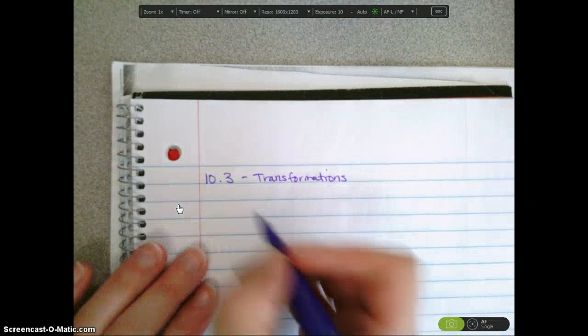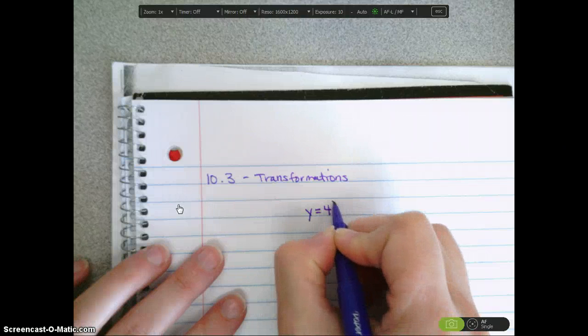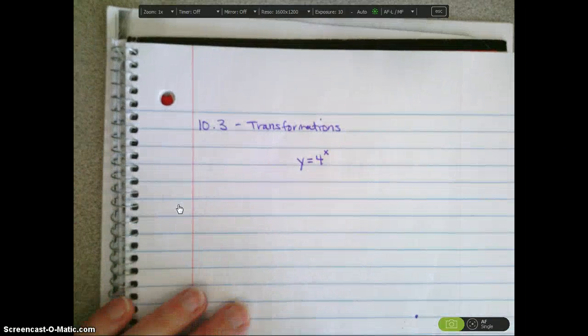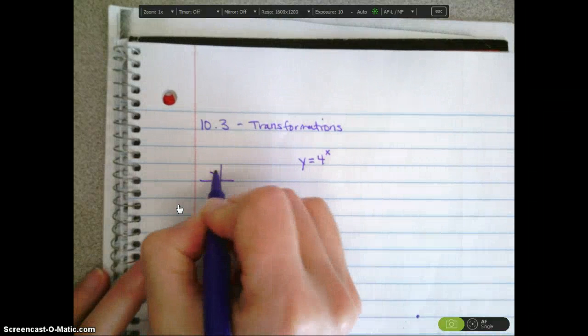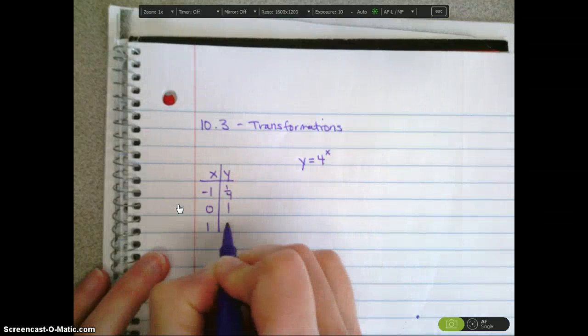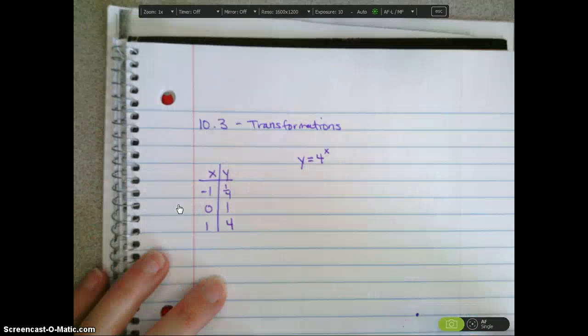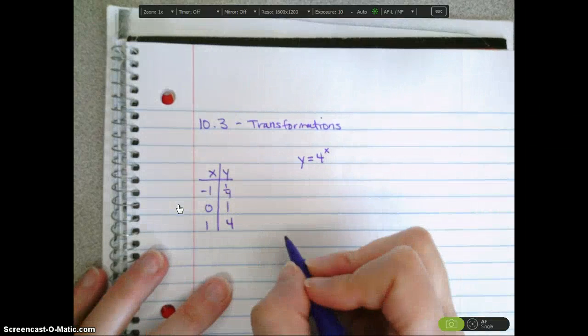And our transformations were just shifts, and so I'm going to refer again to that same function we just saw on the last slide. The values of that function, again, were 1/4, 1, and 4. And then our transformations are what happens if we start to change it.